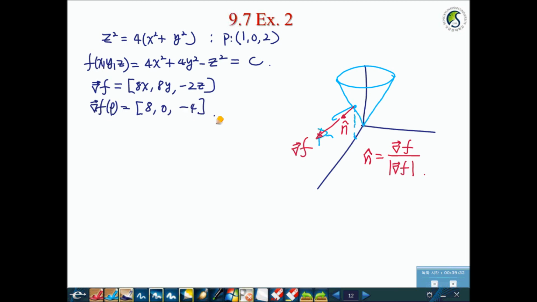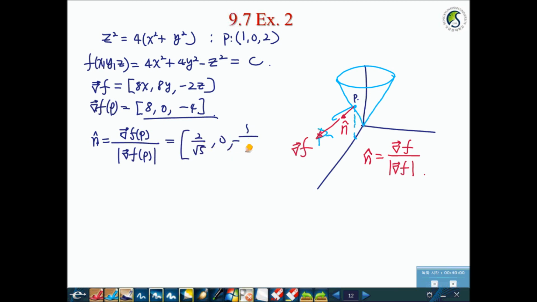That's the direction of the gradient at point P. And the normal vector is gradient f of P divided by its magnitude, which is 2 over root 5, 0, minus 1 over root 5.